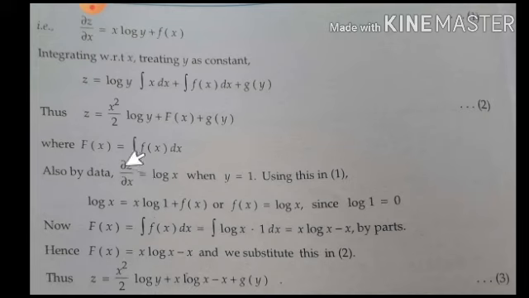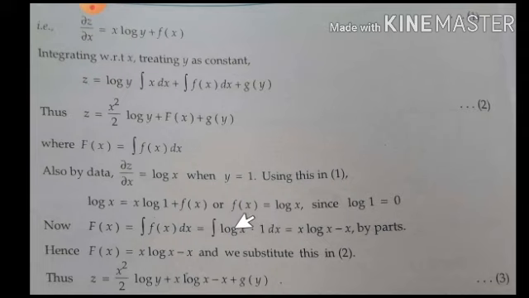And capital F of x I need to find out, which means I need to integrate small letter f of x. So small letter f of x is log x. How to integrate log x? There is no direct integral formula. We need to apply integration by parts. Log x is taken for differentiation and 1 is taken for integration.